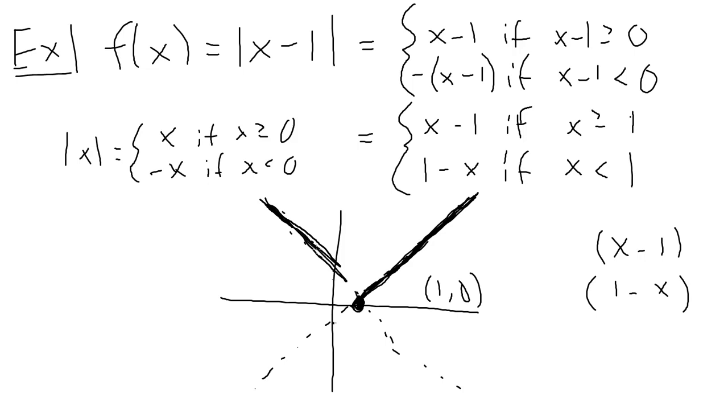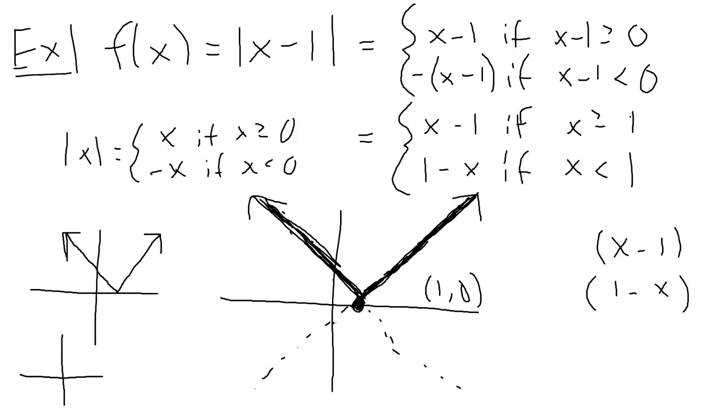And so we get that piece. And so that is the graph of the function f of x equals absolute value of x minus 1. Just a little cleaner version, it would look something like this. And then you can tell that that's just like the regular absolute value graph, which looks like that. It's just moved over to the right.